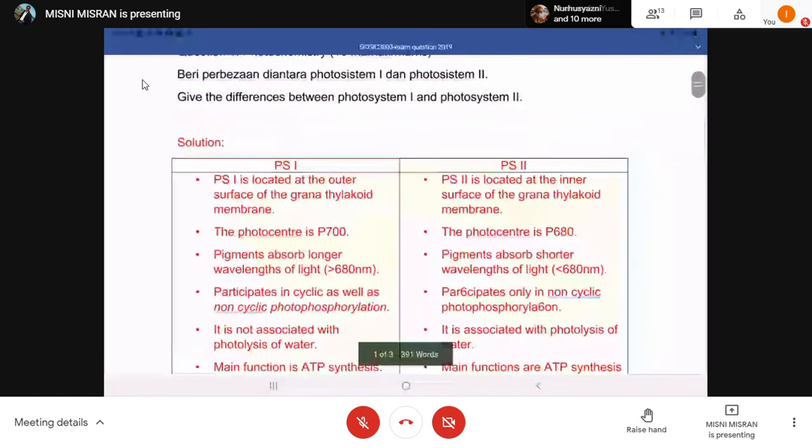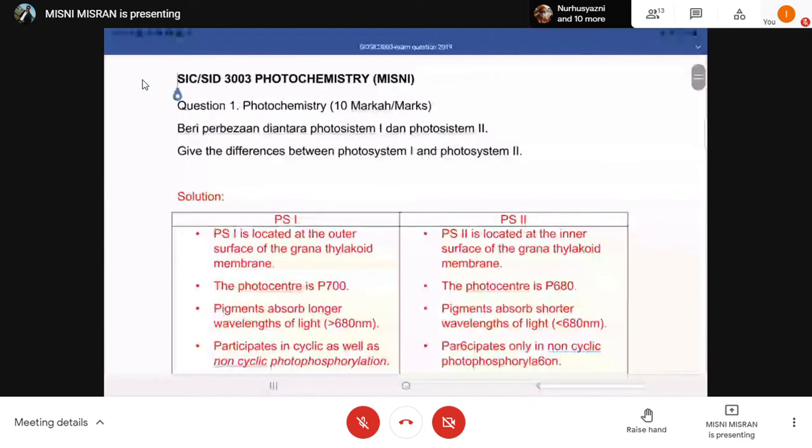So the question is, give differences. I just put a table here so that it's easy. You can actually compare the two, between photosystem 1 and photosystem 2.